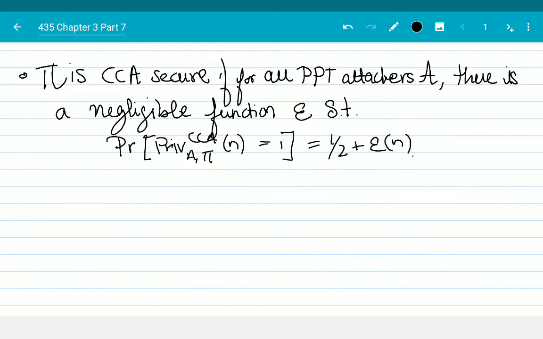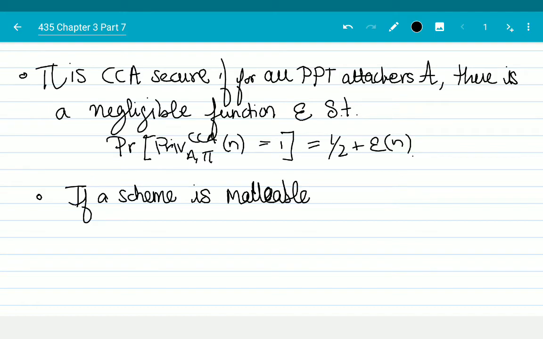And now, malleability implies that it is not CCA secure. If a scheme is malleable, then it is not CCA secure.